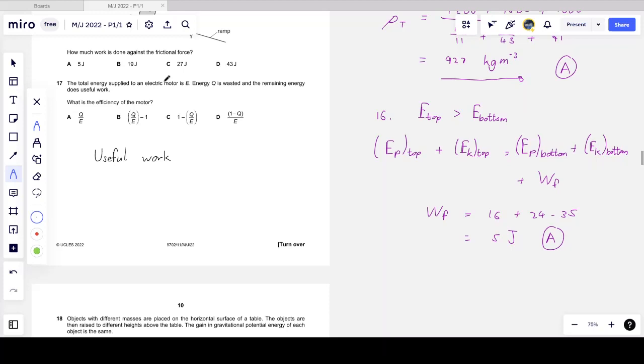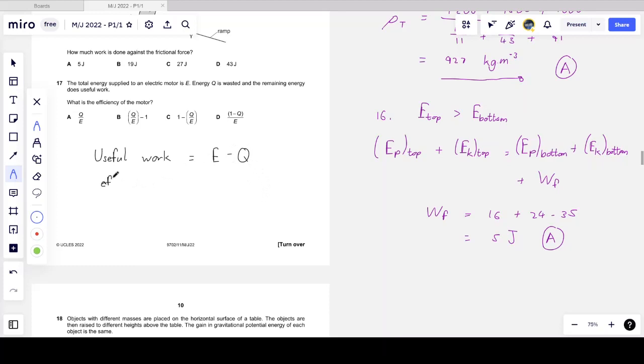Some of the energy is lost as heat and sound, etc., and the remaining energy does actual work, what the machine is meant to do. The useful work is the total energy supplied minus the wasted energy, E minus Q.